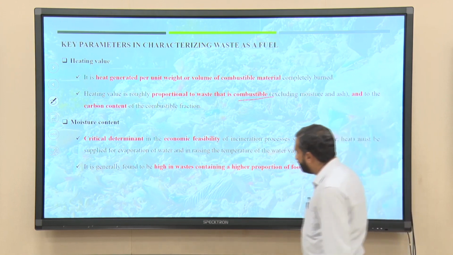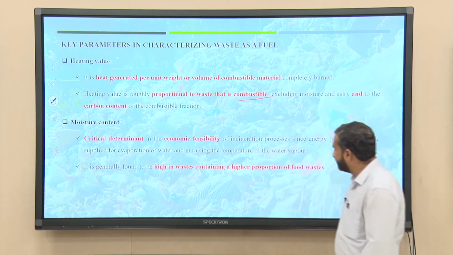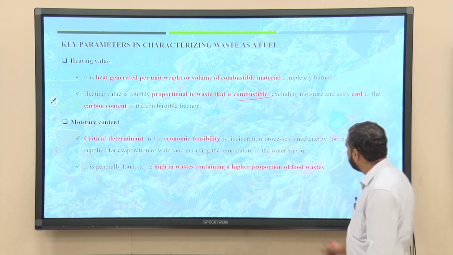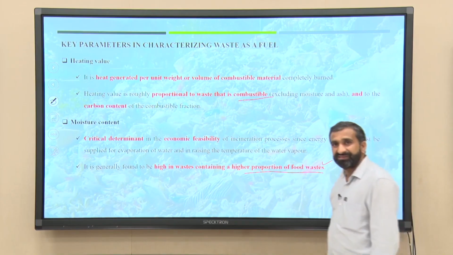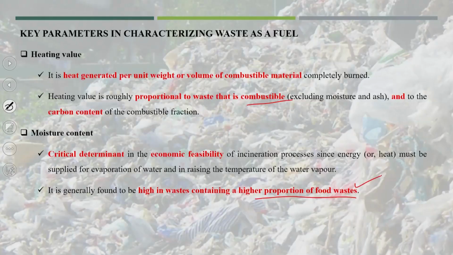It is generally found to be high in waste containing a high proportion of food waste. This is the problem in developing countries. More food waste means more moisture content, especially if it is not segregated. The next point is the ash content.